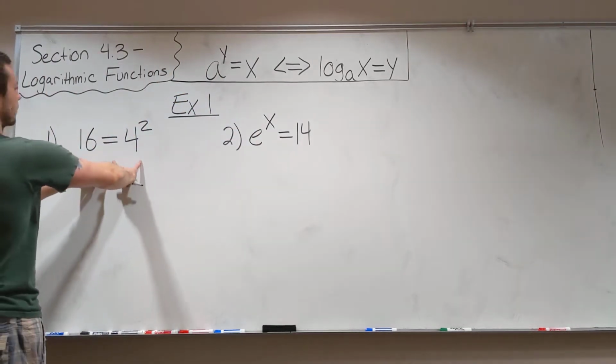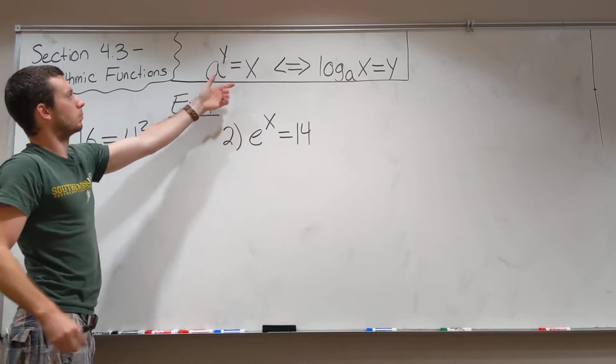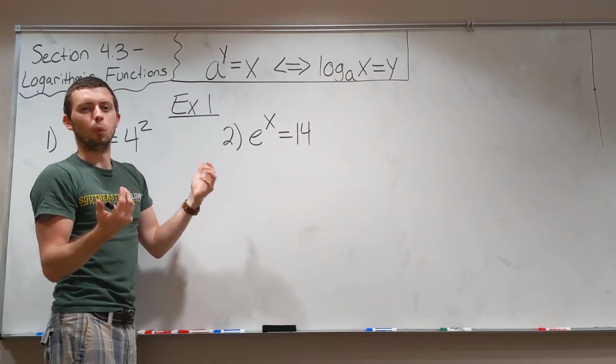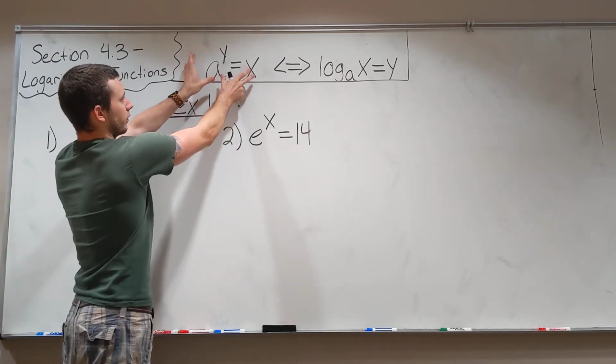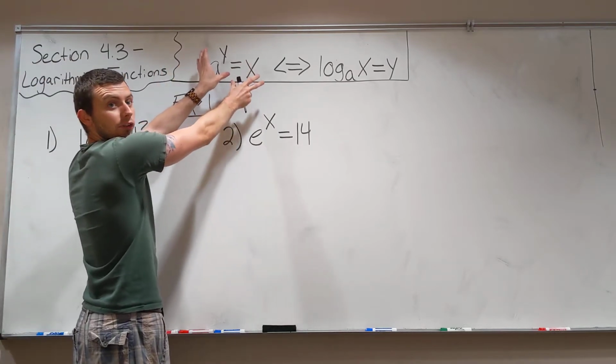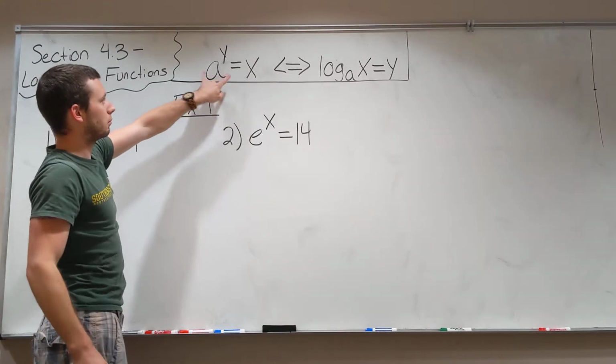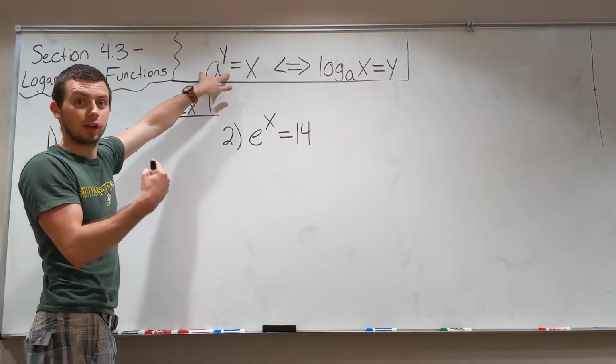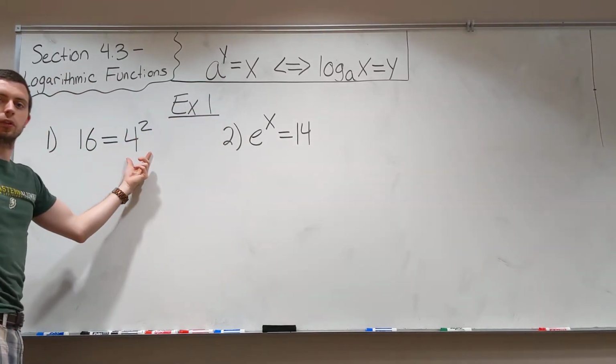So make sure you're aware of how everything's associated. Over here, if we follow the rule, we want this statement to match this one as closely as possible. This statement has the exponent part on the left side. Here, the exponent's on the right.